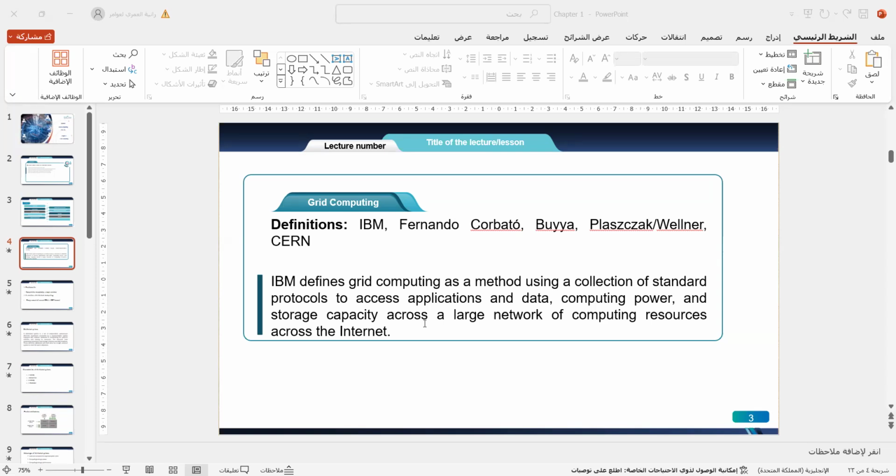Say a user wants to execute an application on the grid. In that case, the application should be aware of the available resources on the grid to take up the workload.